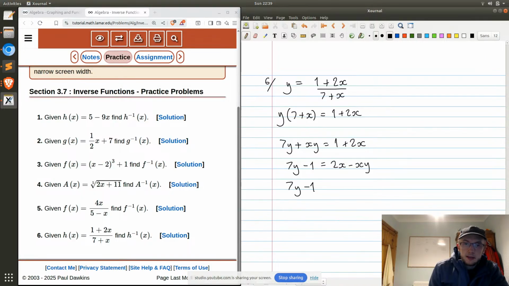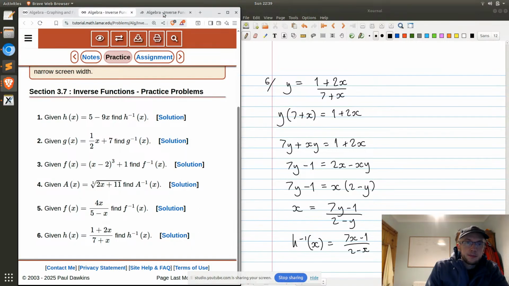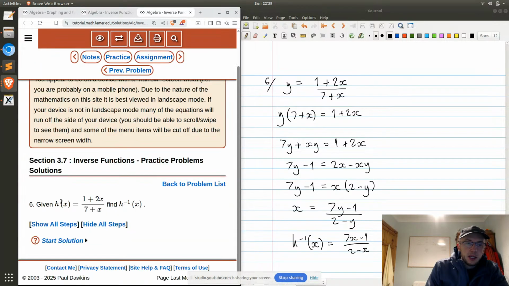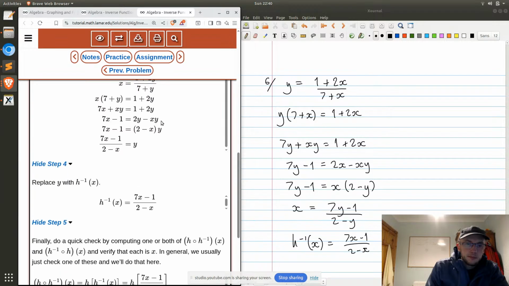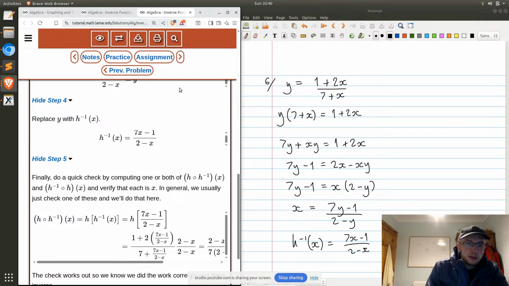Factor out x. And divide through. And now, here is your inverse function. Just like that. And we check. Everything must be checked. And that's correct, and that's good.